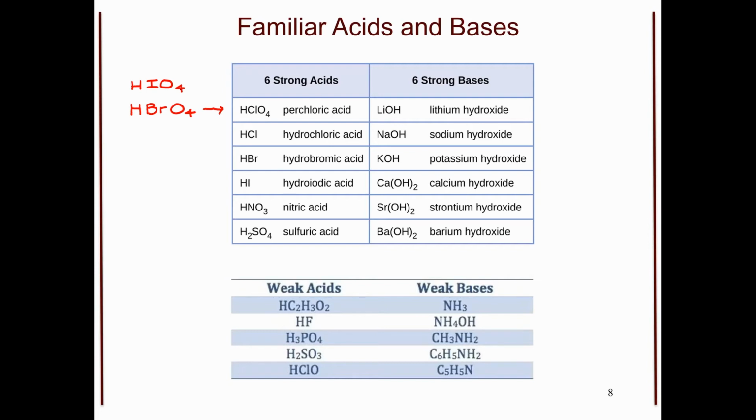The other one that can get us in a real pickle from time to time, depending on the textbook, is HClO3. This is very close to the same value as H3O+, so some textbooks will consider HClO3 a strong acid, while some will not.